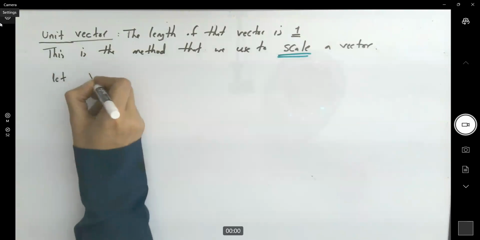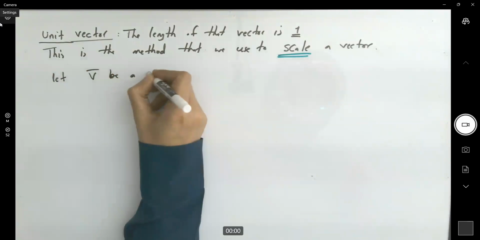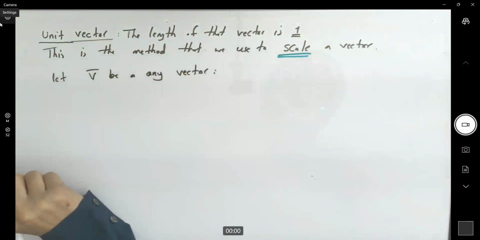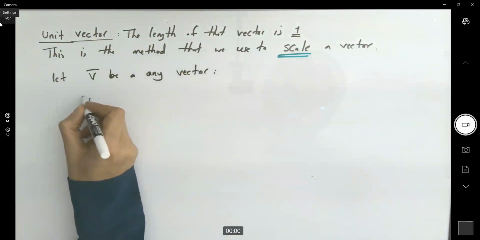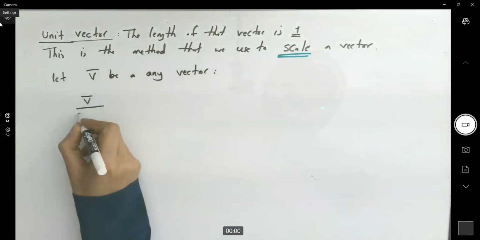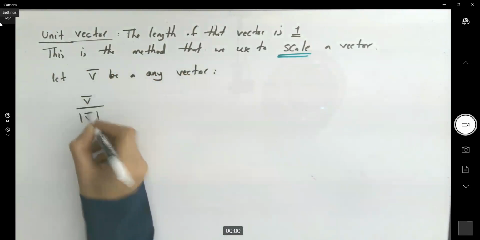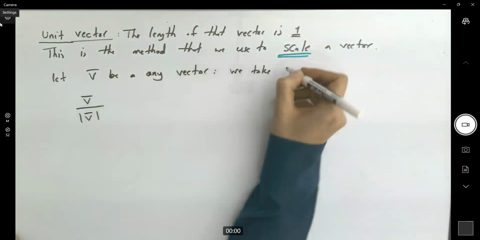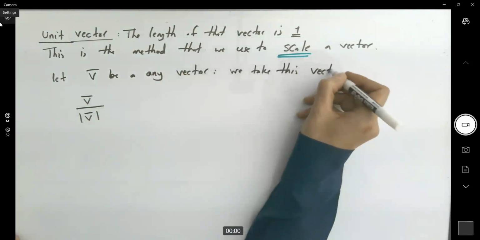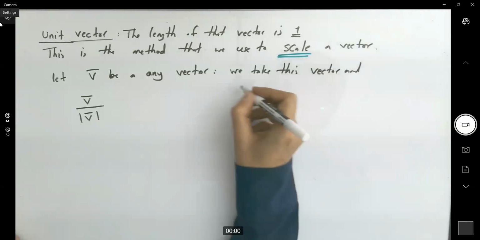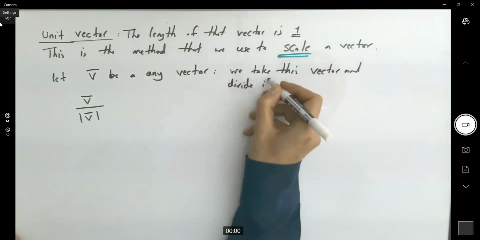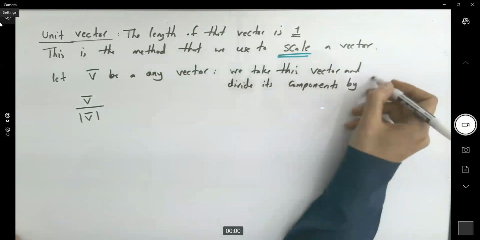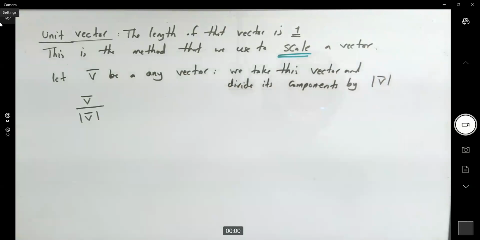Let V be any vector. What are you going to do? You're going to take vector V and divide it by its length. We take this vector and divide its components by its length, by its magnitude.